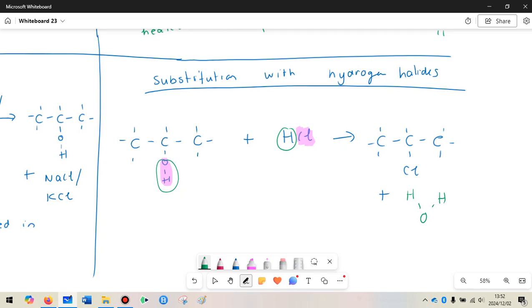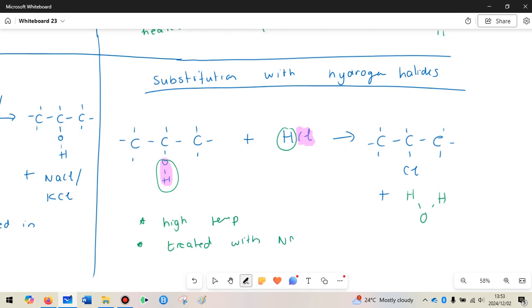Okay, reaction conditions, this needs to happen at a high temperature. Okay, it needs to be treated with sodium bromide and concentrated H2SO4.